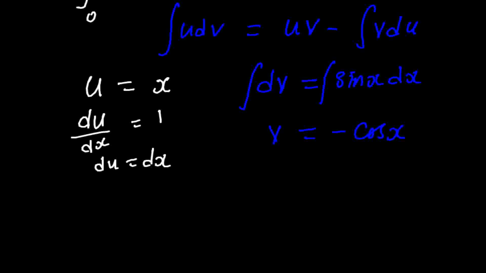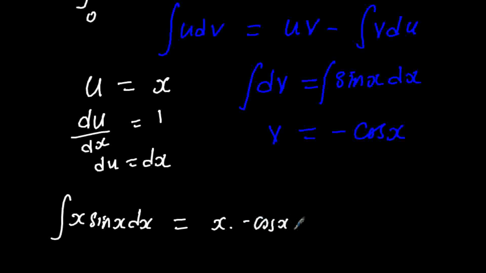Now we are going to substitute these into the formula. So we are having the integral of x sine x dx being equal to u, which is x, times v, which is negative cos x, minus the integral of v, which is negative cos x, and then times du, and the du is equal to dx.